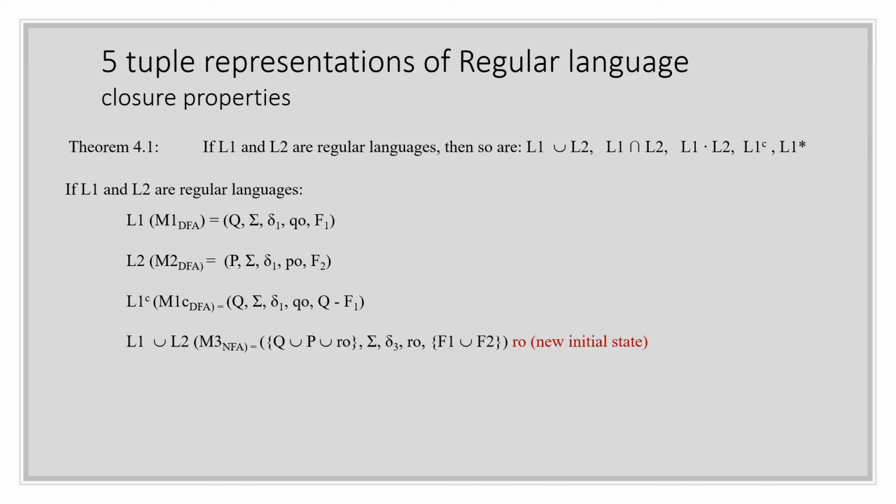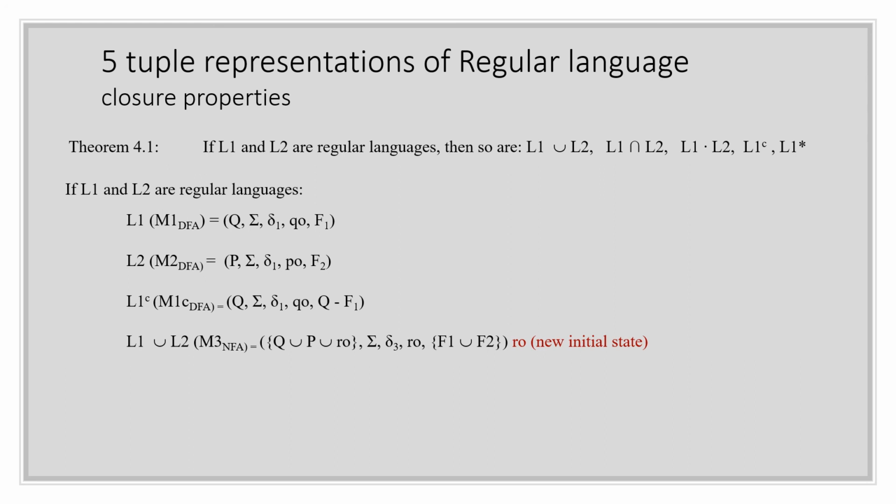The 5-tuple representation for union is you want to union all of the states along with a new initial state, right? You have a new initial state and you're going to create an NFA, which of course could then be translated into a DFA, but to demonstrate the closure properly, you would create an NFA. So you'd have a union of all the states, a new initial state, the same alphabet, but you would have new transition functions.